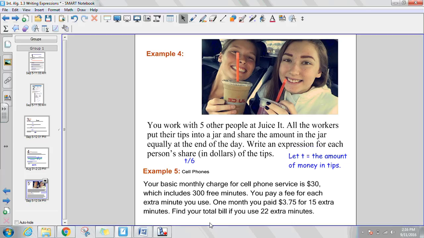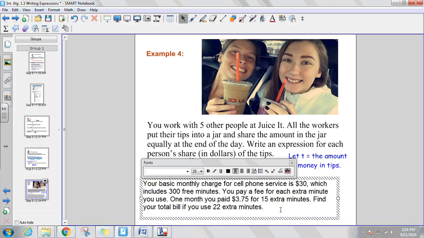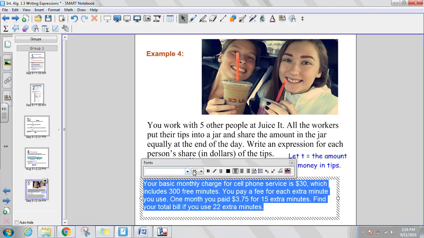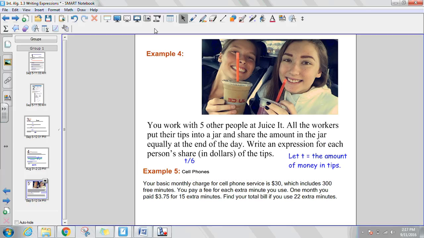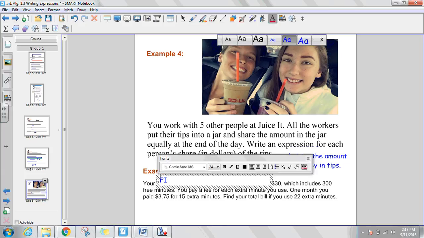Okay, so we know how much we pay monthly. We know that we paid $3.75 for 15 extra minutes, but we have no idea how much 1 minute cost. But if we know how much 15 extra minutes cost, we can easily figure out how much 1 extra minute will cost. We just need to divide and find a unit rate. I'll write this down. Find a unit rate.